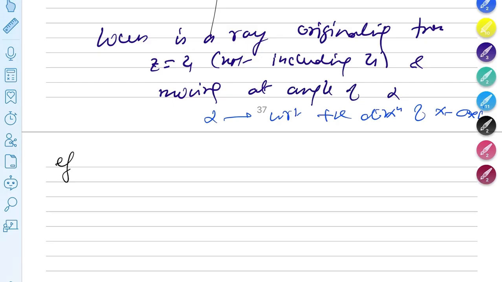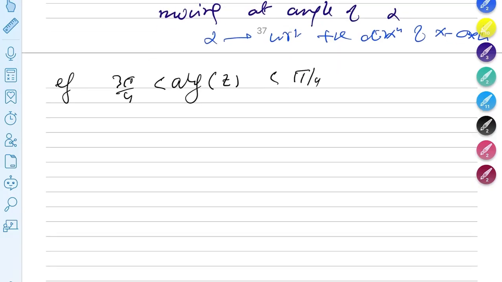One more example. Let's take this one. Let's say the argument of z is greater than pi by 4 and less than 3 pi by 4. What does this represent? This represents complex numbers z such that there are two extreme points.